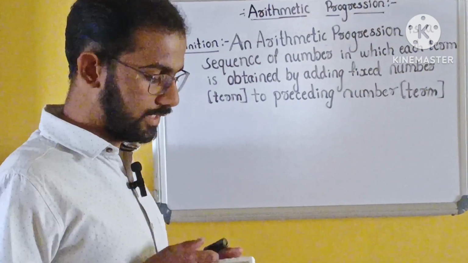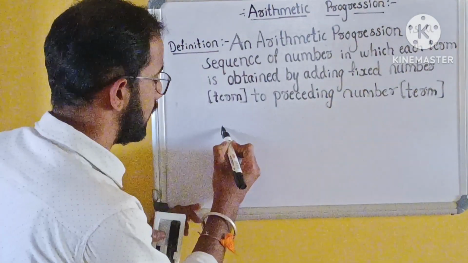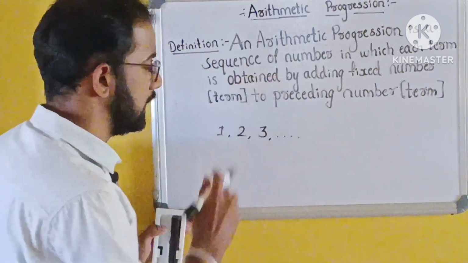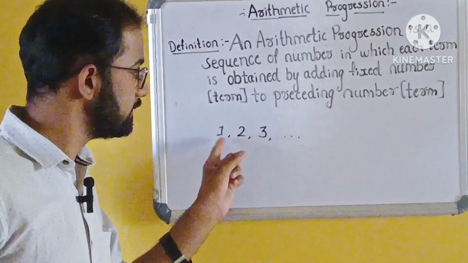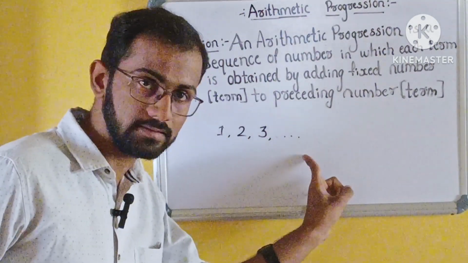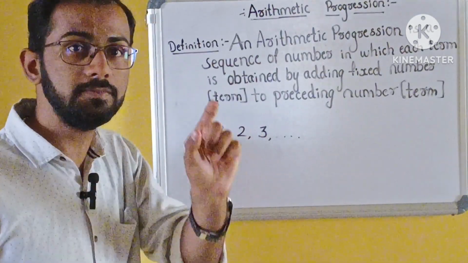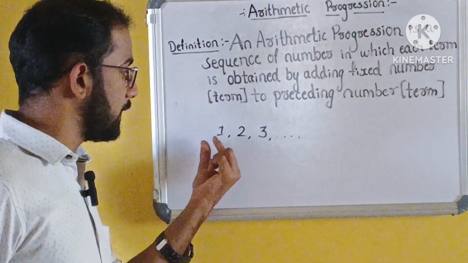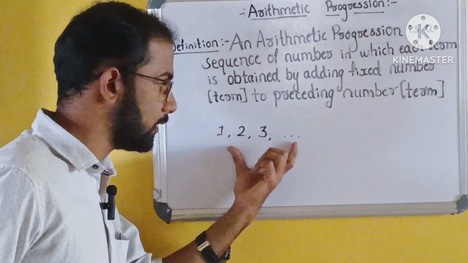Let's see one example for progression. Progression means it is a series of numbers which are arranged in a particular pattern. How? See here: 1, 2. 1 is the first term, the first number in this sequence.